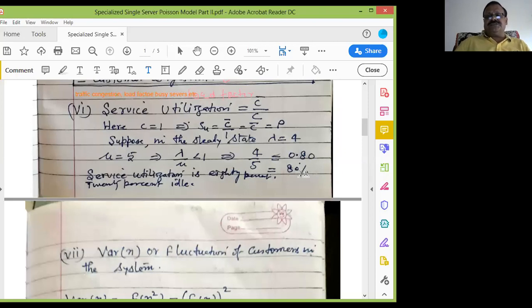So 20% time is unutilized, meaning he is getting time for lunch, time for tea, time for relaxation, etc. I think this is the ideal situation, that service is being utilized at 80%.